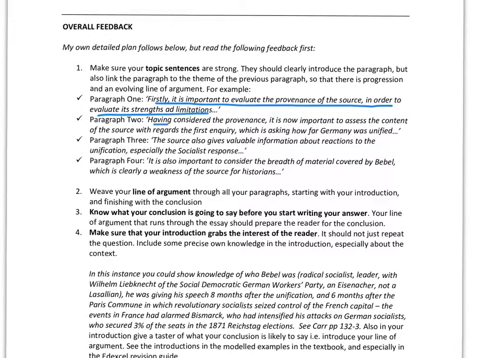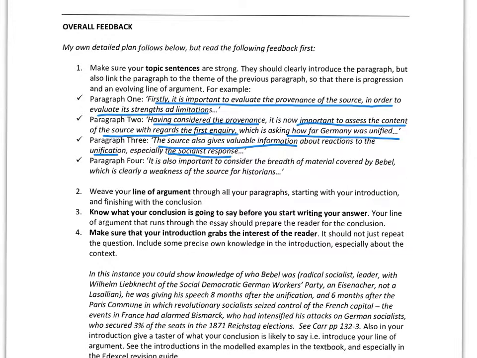Paragraph 2: having considered the provenance, there's your link, it is now important to assess the content of the source with regards to the first inquiry, which is asking how far Germany was unified. Again, strong topic sentence. Paragraph 3: the source also gives valuable information, that word also is a link, about reactions to the unification, especially the socialist response.